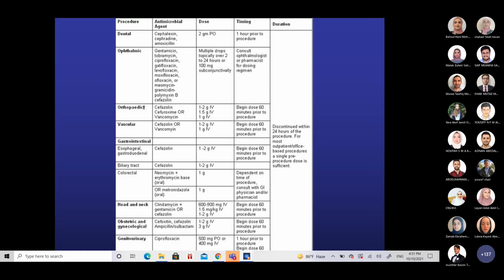Why? First, there may be resistance. For example, if there is resistance to cephalexin, we change that and go to the next step or more potent antibiotics. Second, sometimes the patients are sensitive. For example, if a patient having vascular surgery is sensitive to cephalosporin, you go for vancomycin. So you use specific antibiotics according to the type of surgery, resistance, sensitivity, and probably if there is allergy in these patients.